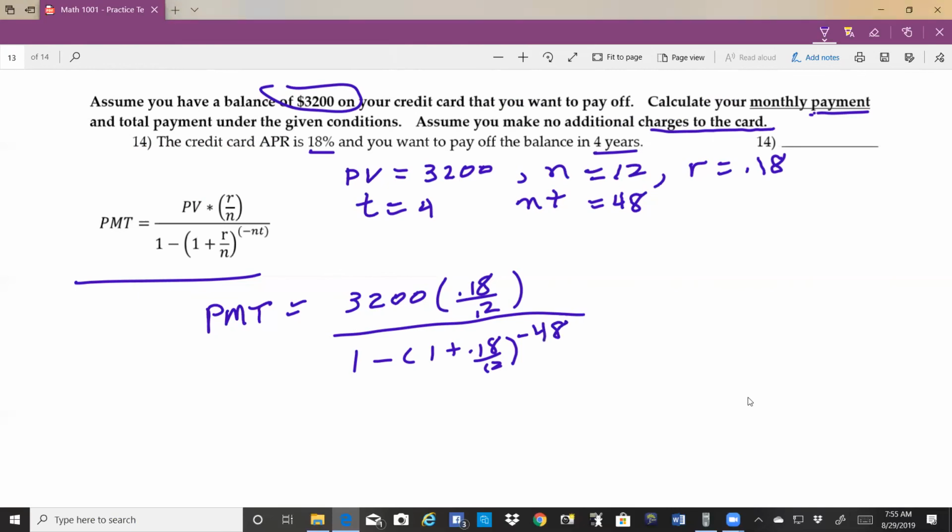Put that in your calculator and you get $93.9999, which you would round off to $94 per month to pay it off. And that is the practice test.